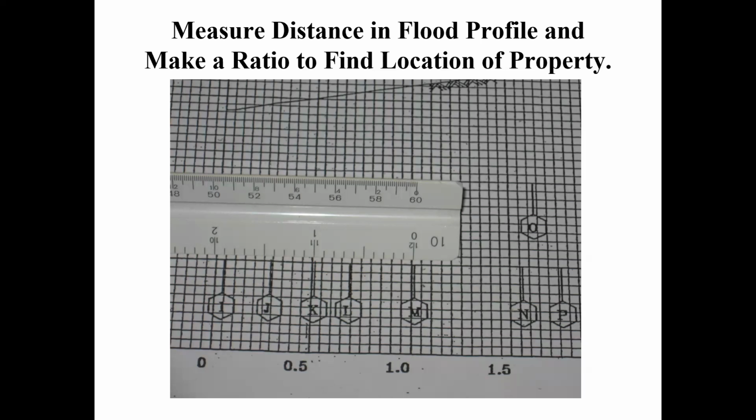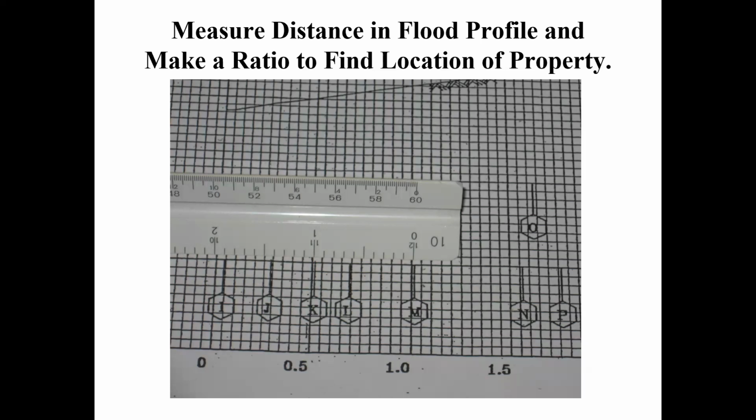And so basically every stream that you have in your community that is mapped has its own flood profile if it's a detailed study. And so you would pull this out, make sure you have the right flooding source, because I've done this before and I'm like, oh wait, this is the wrong stream. So just make sure you find the right stream and look at your cross sections.